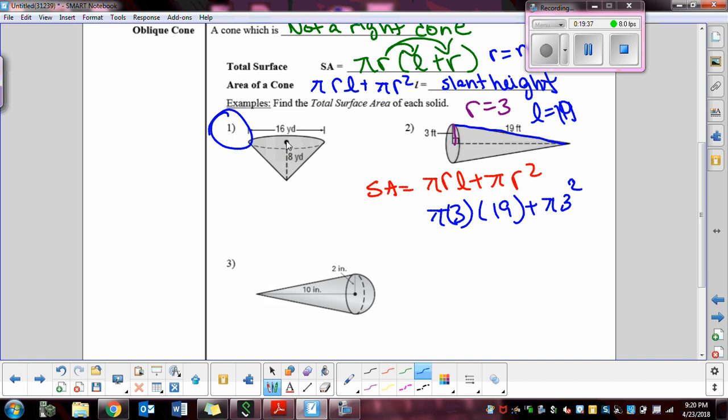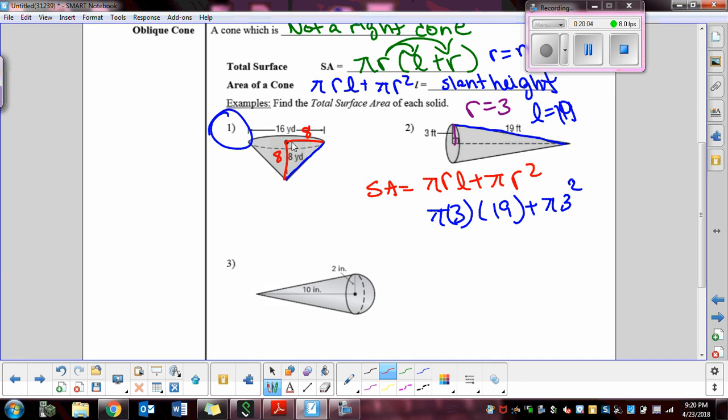In order to get the slant height in this one, which is this right here, we've got to use the Pythagorean theorem. Do you guys see this triangle right here? So if this right here is 8, and we don't know the radius, but if the whole thing is 16, then the radius is going to be half of that, which is 8.